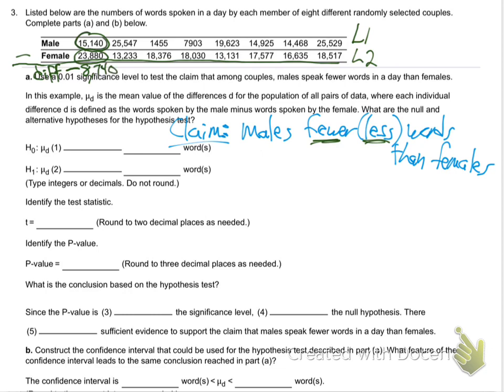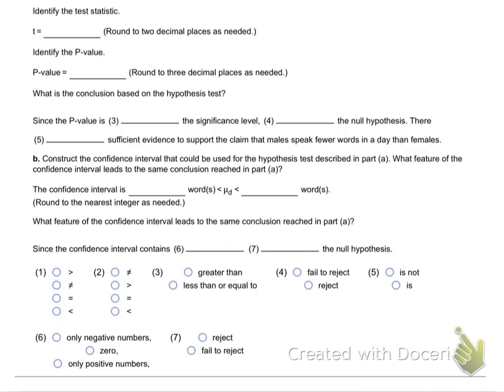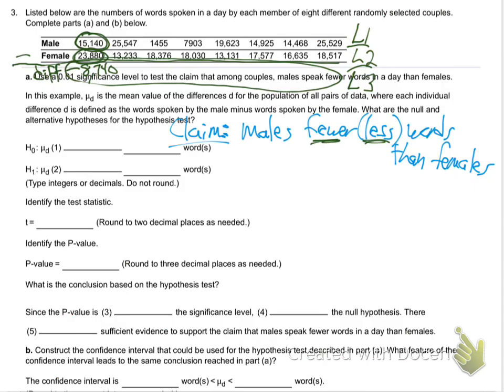If the male number is lower, when you subtract and get the difference, L1 minus L2, that's what we put in L3, right? You'll get negative differences. The differences will end up being held in L3 because we stored it, right? Remember back here, we did L1 minus L2 stored in L3. So L3 holds the differences now. So if the males are less than the females, the differences will tend to be negative. So that's the claim. All right, well, you know this is always equal. The null hypothesis is always equal.